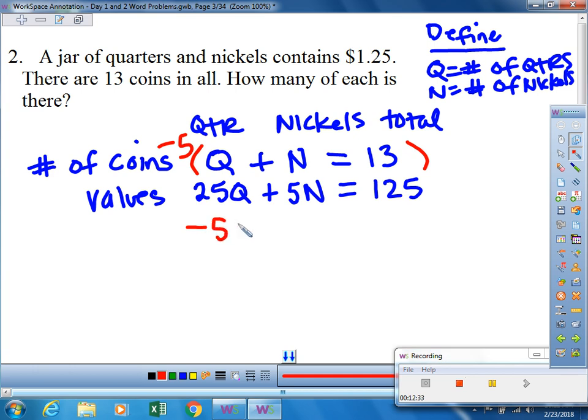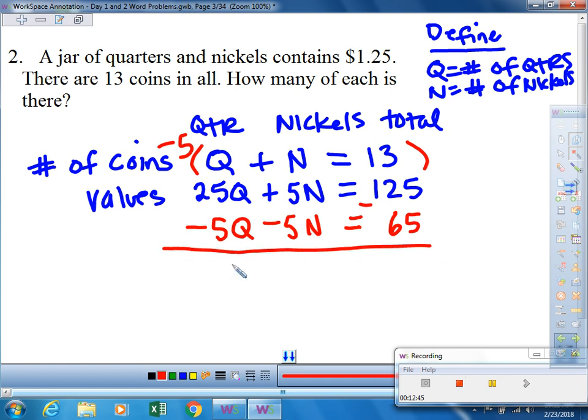So you should have had -5q minus 5n equals negative 65. So 20q equals 60. So when you divide by 20, Q equals?